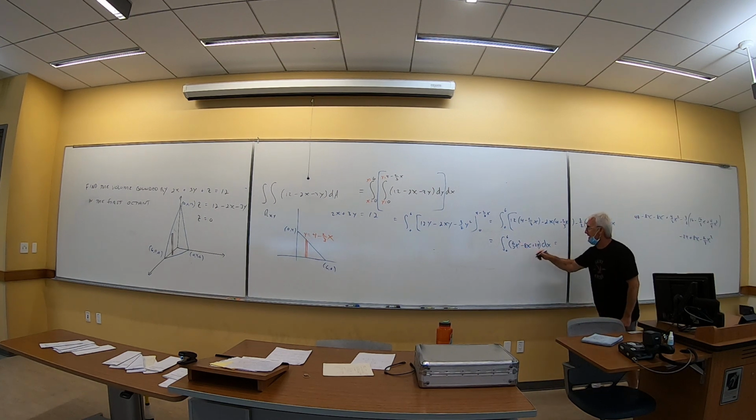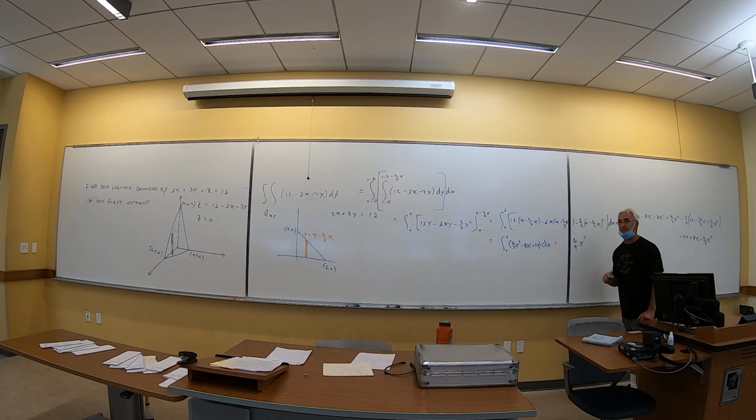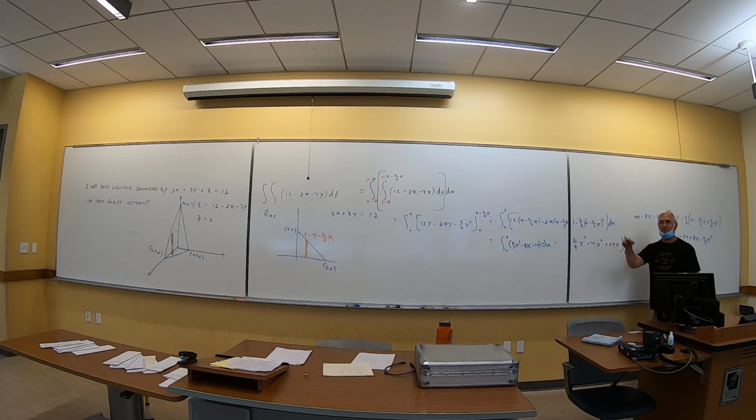All right, I'm integrating this guy here, so what do we get? 2/9 x cubed? Yes. Minus 4x squared plus 24x. I just didn't want to keep going if there was an obvious boo-boo. Now, get your calculator out. This is a piece of cake.